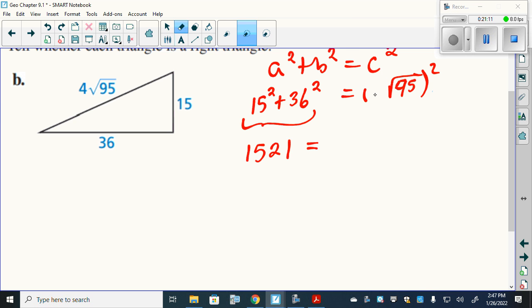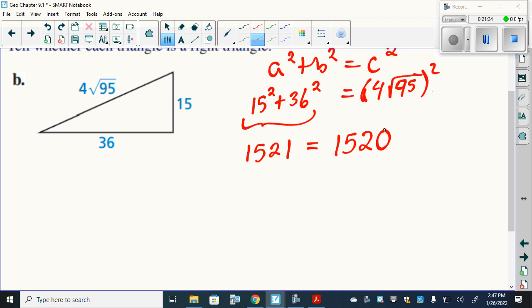I think I wrote the wrong number up there, because it should be 4 square root of 95. Yep, because we can type that in as well. And I believe it should be 1,520.